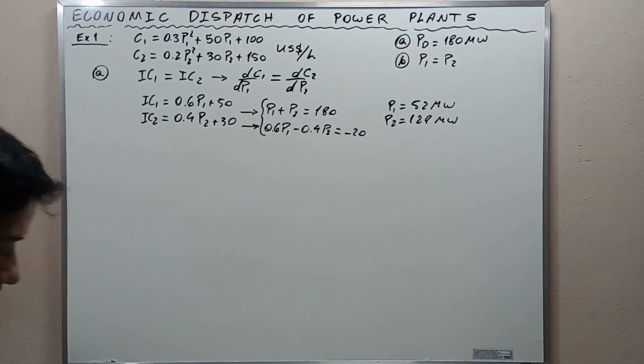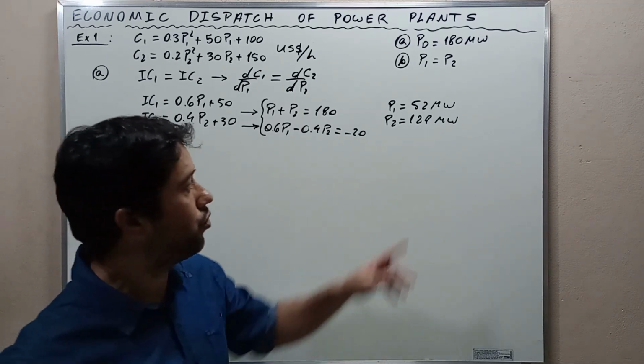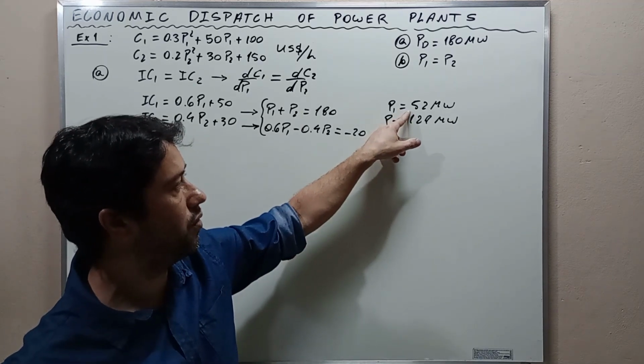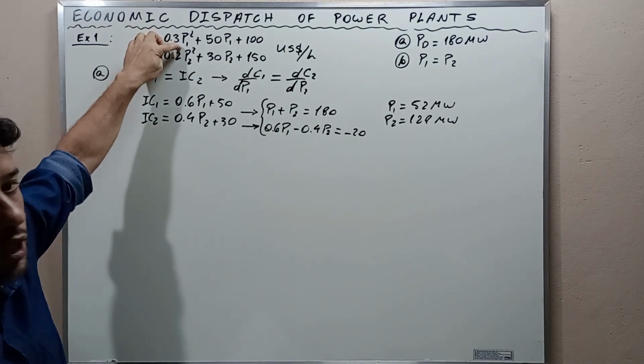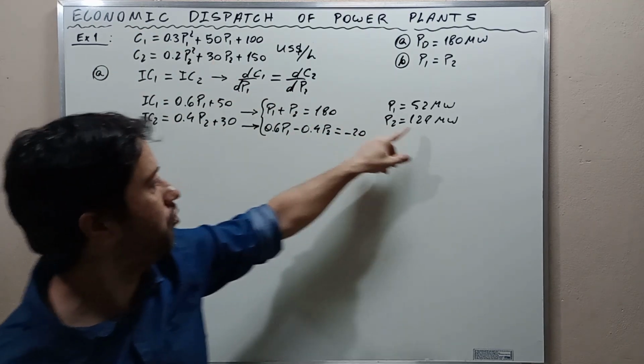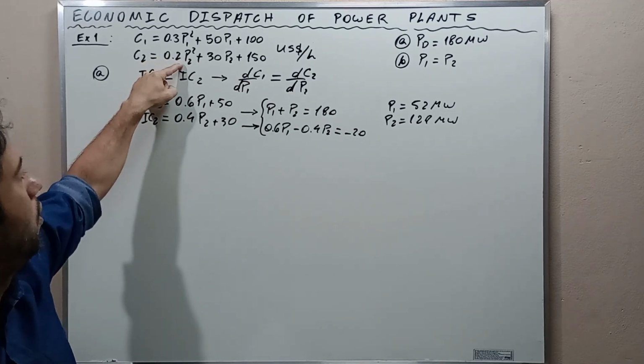Okay? Substituting the values in the cost functions, what we need to do is to take this value of P1 and put it here. Simply, you take this value of P2 and put it here. Okay?